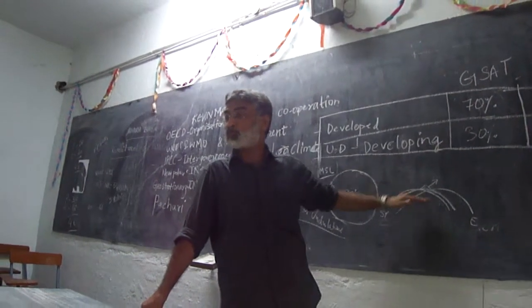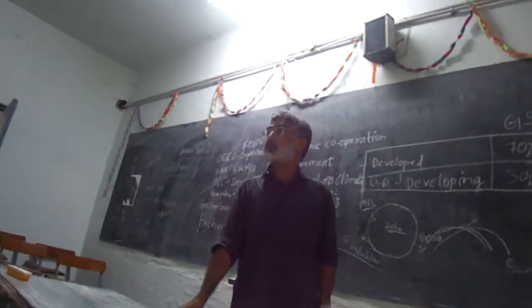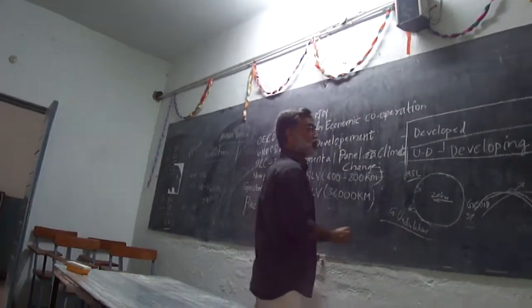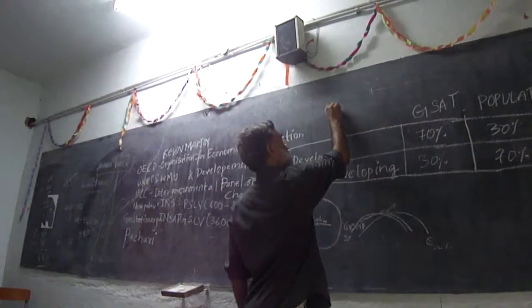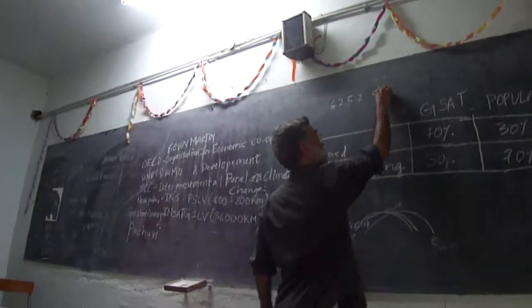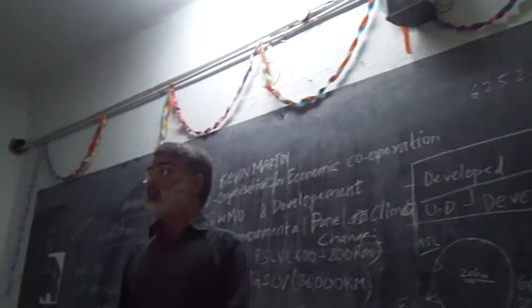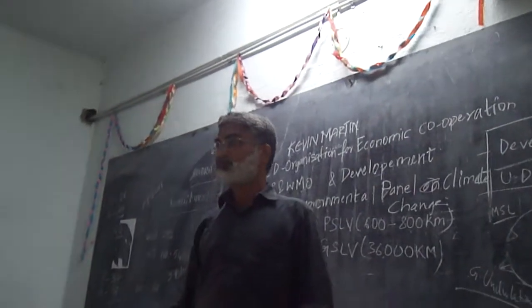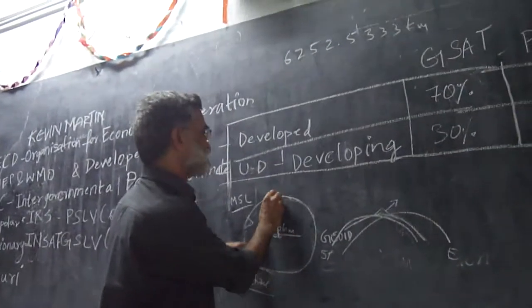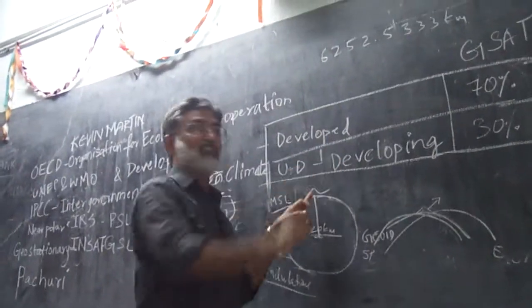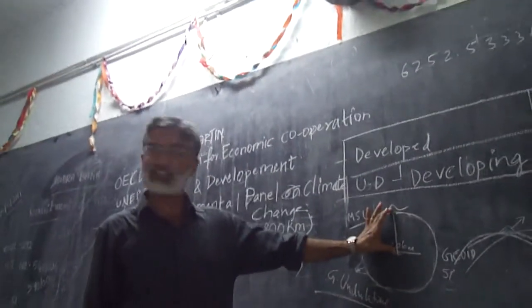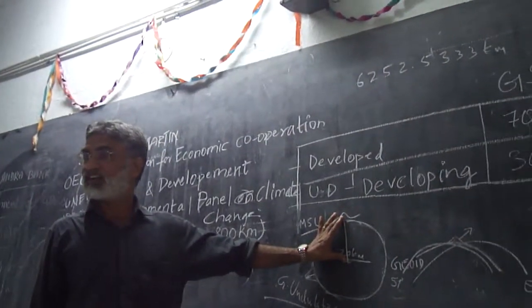Okay, but what we know is you cannot say this height is approximately 6,325 kilometers, 6,252.5333 kilometers it will tell you. You will get confused. Can the height be that much? From the center of the earth, the radius is computed. From there it will tell you this is the height. So you have to subtract the radius of earth.